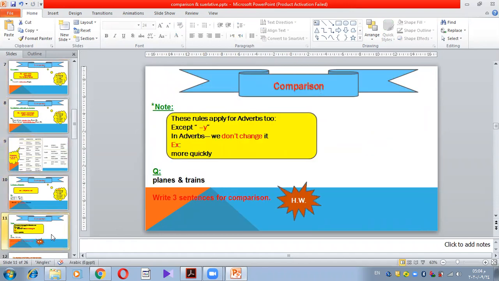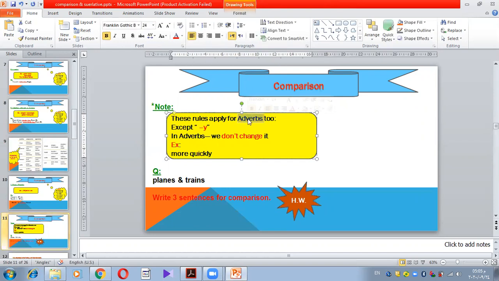That's the equal. There is a note I want you to remember, guys, regarding these rules. These rules apply for adverbs too. Do you remember what is meant by adverb, guys? What's an adverb? Yeah, ending in what? ly mostly, except for some. But in the rule of adverb, we don't change the y. What is meant by this?